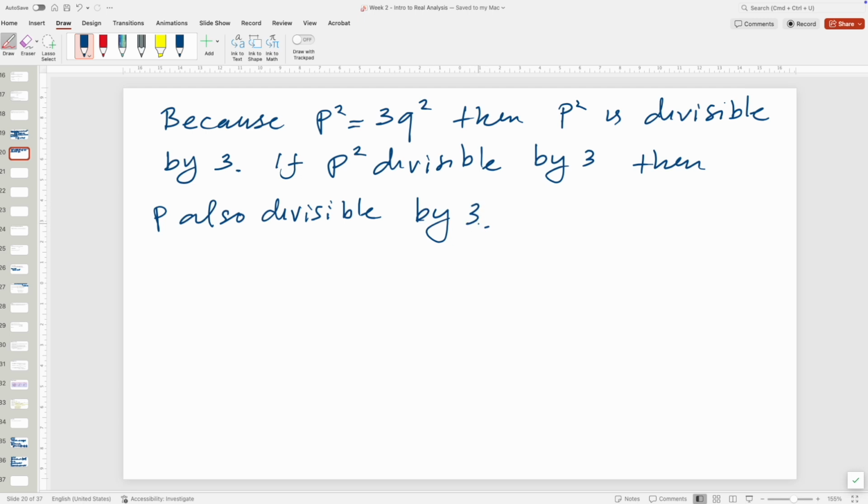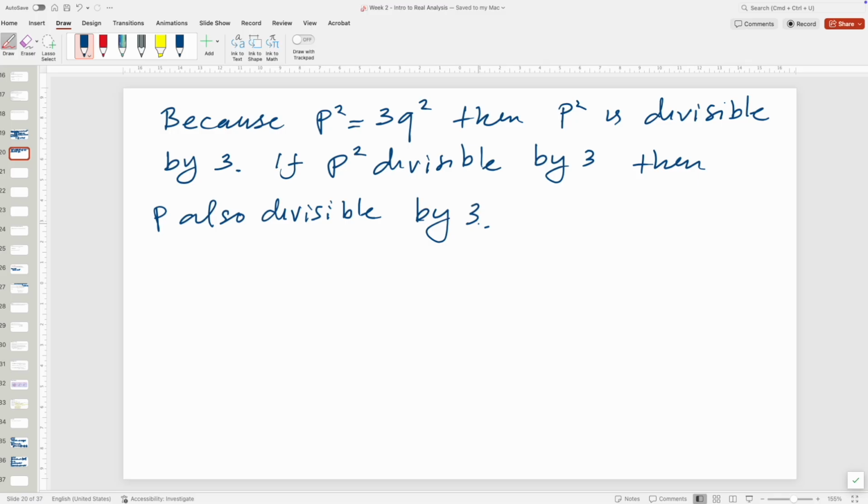Previously, P squared divisible by 2 means P is also divisible by 2. Is it a correct statement? What do you think? So this one you must think, guys. It's not routine, like from A to B, where you can memorize the steps. No, you must think.